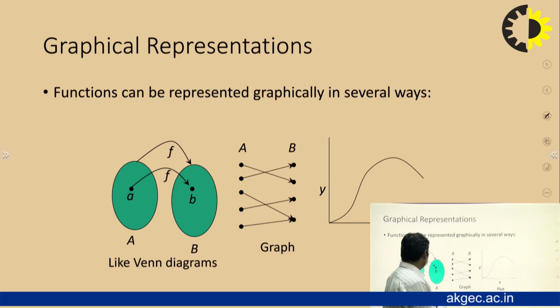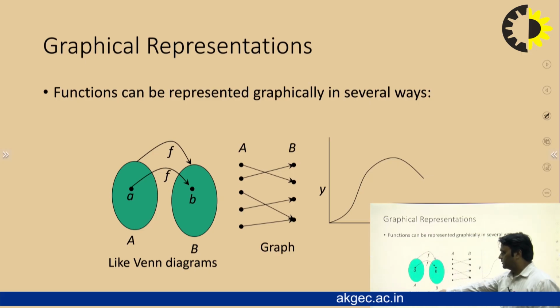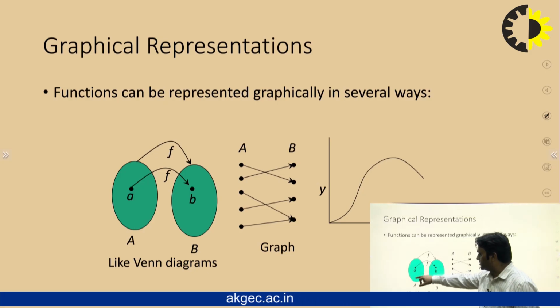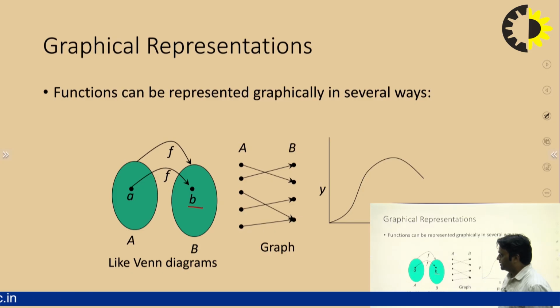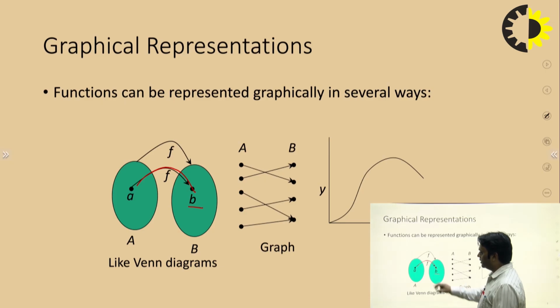One of them is like a Venn diagram. Here two sets are there, A and B, with an element of A and an element of B, and the function represents the mapping from A to B.